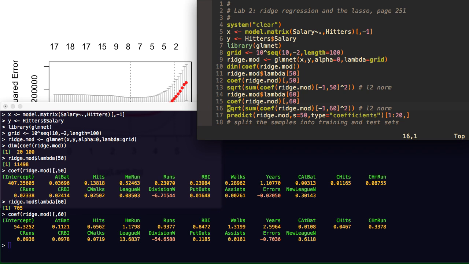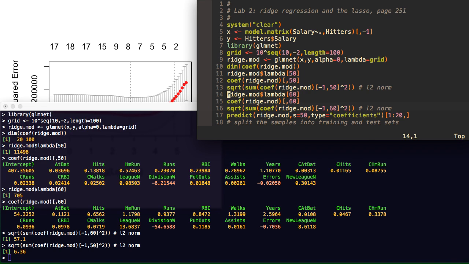Okay, and then here is the L2 norm of, well, I'm sorry, did I do the L2 norm of the other one? I'm not sure now. I think I skipped over the L2 norm of the other one. So here's the L2 norm for 50, which is way lower than the L2 norm of 60.